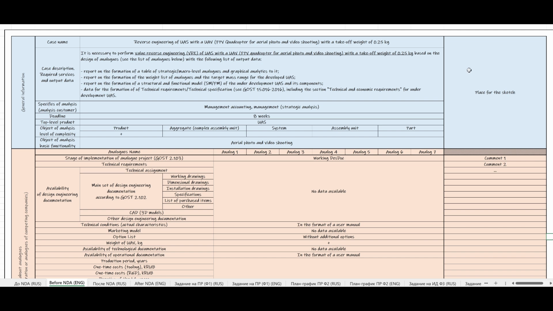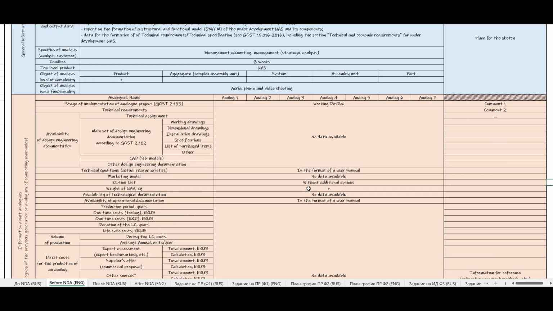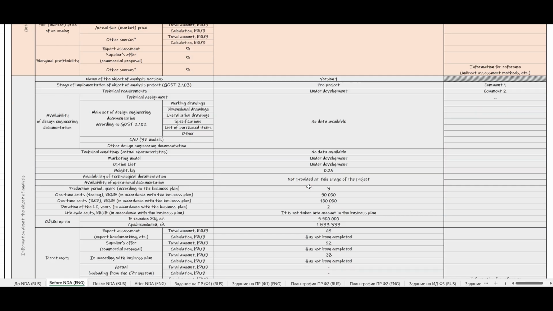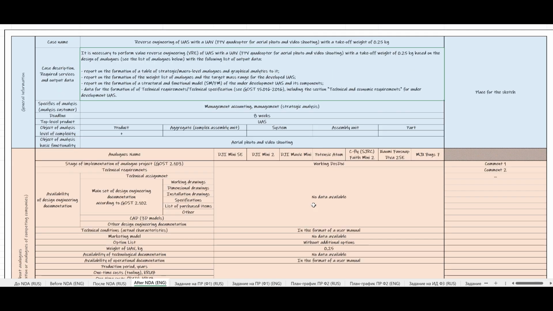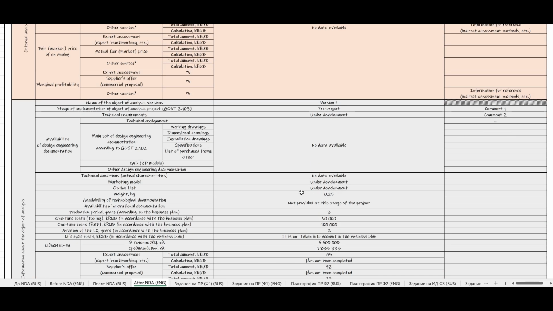As mentioned in practical case number 1, the standard form of common initial data can be filled in two versions, before NDA and after NDA, which differ in that in the before NDA version, firstly the name of the analysis is not disclosed, and secondly, instead of numerical values, the columns in the form indicate the presence or absence of data.